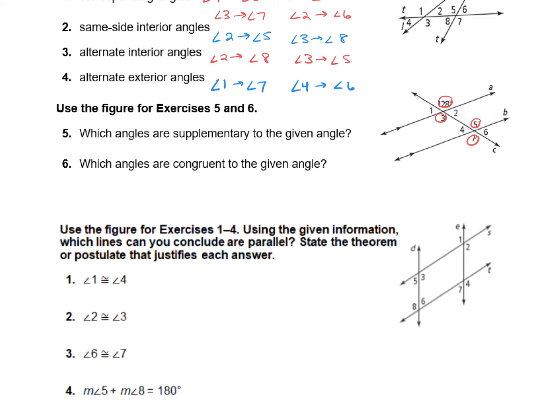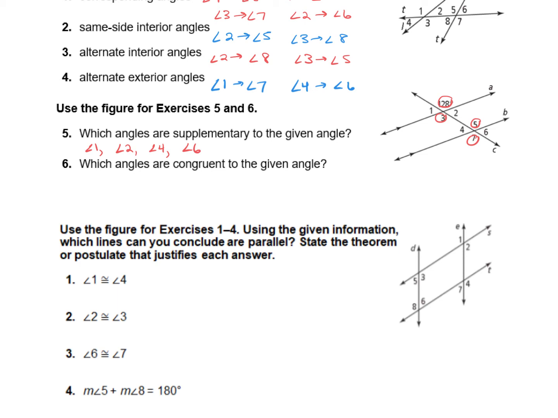The ones that are supplementary are any combination of one that I circled with one that I did not circle. So what angles are supplementary to this angle 128? Anything I didn't circle: angle 1, angle 2, angle 4, and angle 6. Because if 128 is circled, anything that's not circled will be supplementary to it.